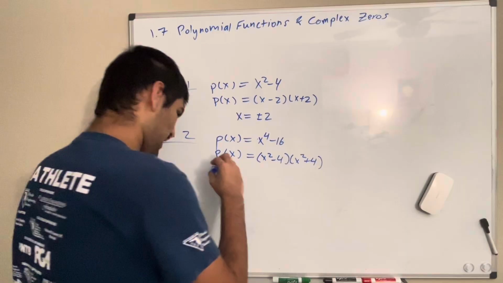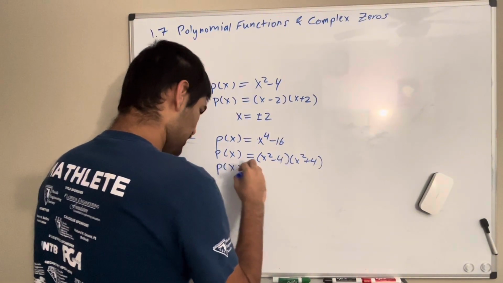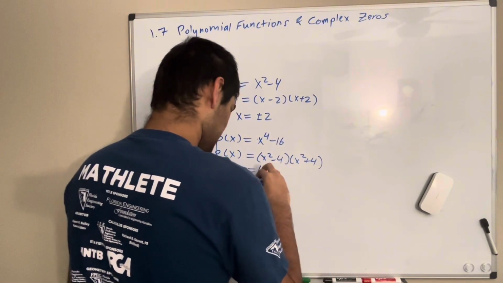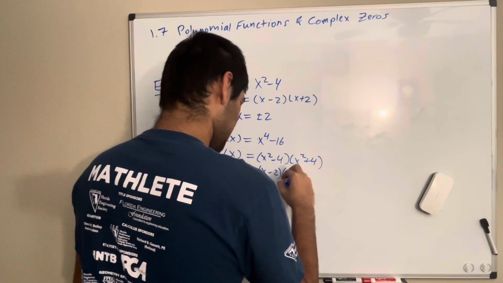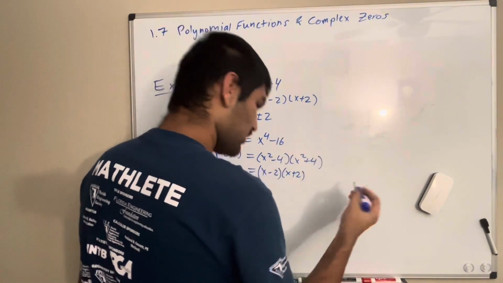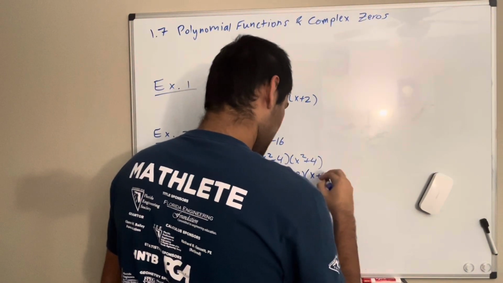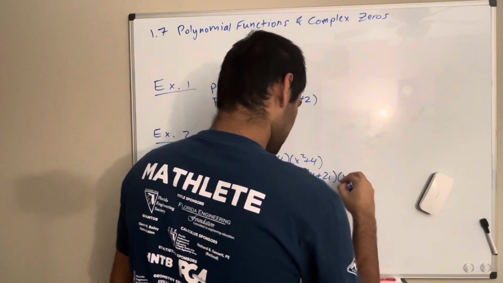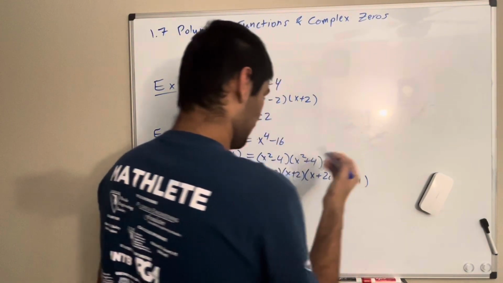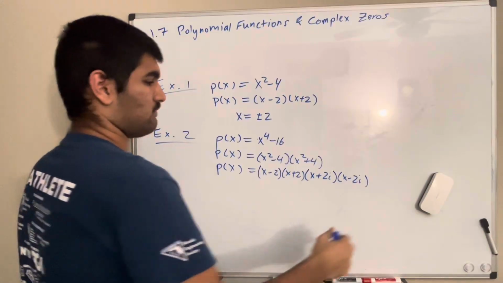So that means we could factor this further, and indeed we can, because x squared minus 4 factors as x minus 2 times x plus 2, and then x squared plus 4 actually factors as x plus 2i times x minus 2i. And that's the sum of squares formula.